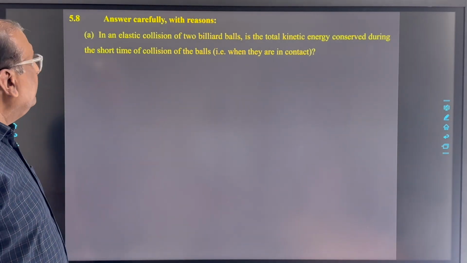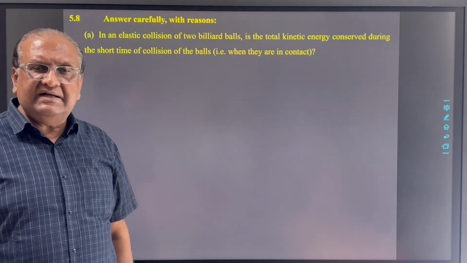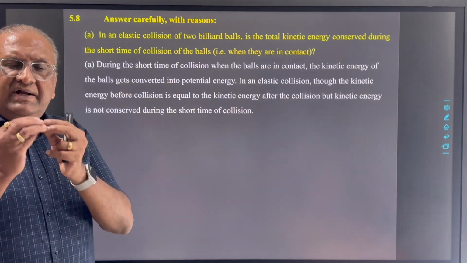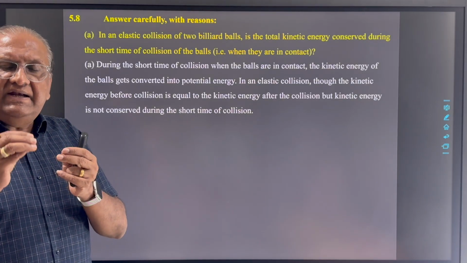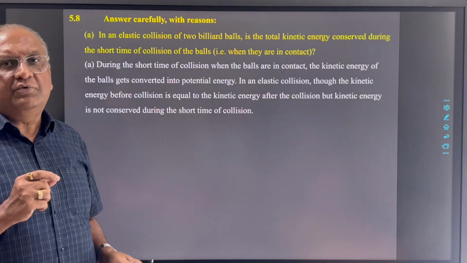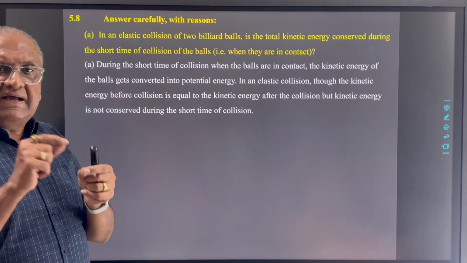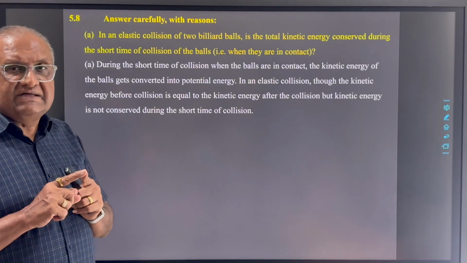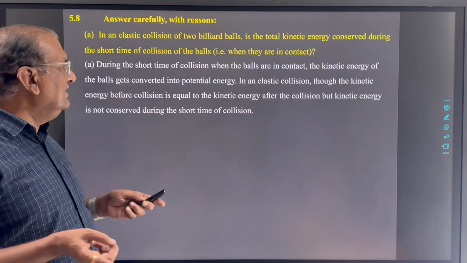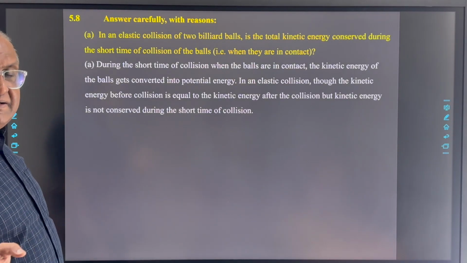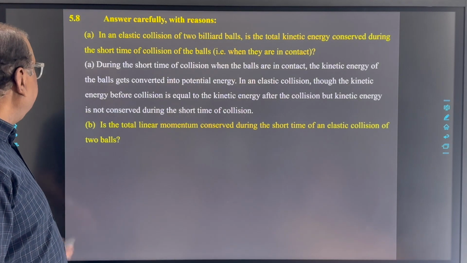So here, when the collision takes place, momentarily, for a short time interval, kinetic energy is converted into potential energy. So during the contact, kinetic energy is not conserved, but before the collision and after the collision, the kinetic energy remains the same. Clear?